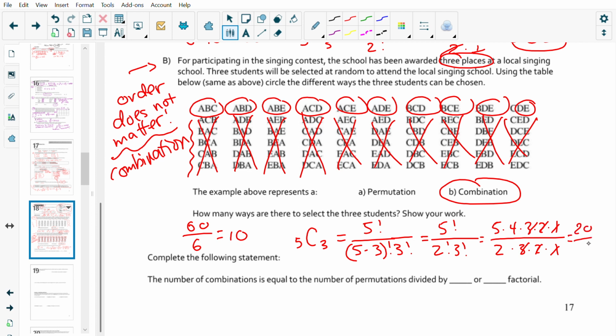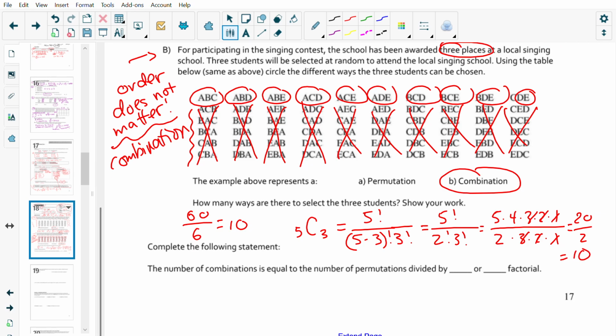Okay, and then I get 20 divided by 2, and that equals 10. All right, there we go.